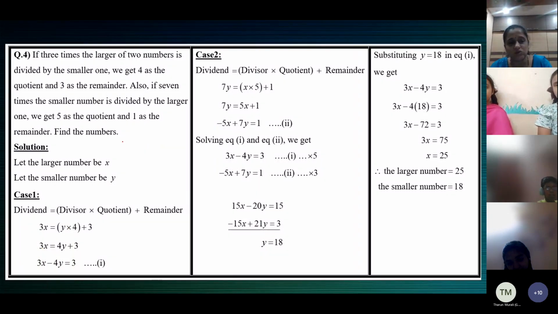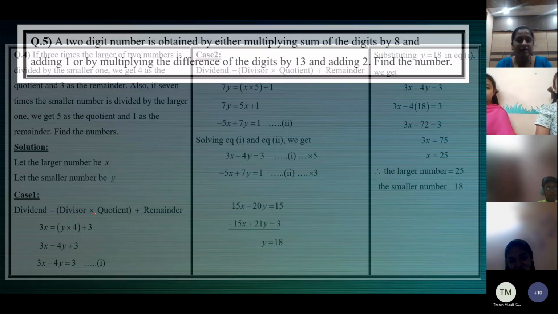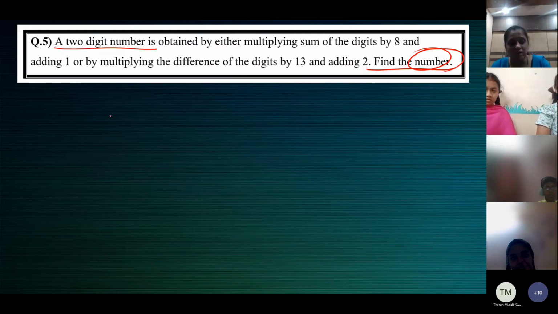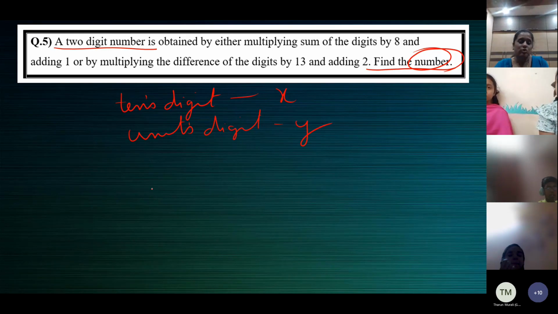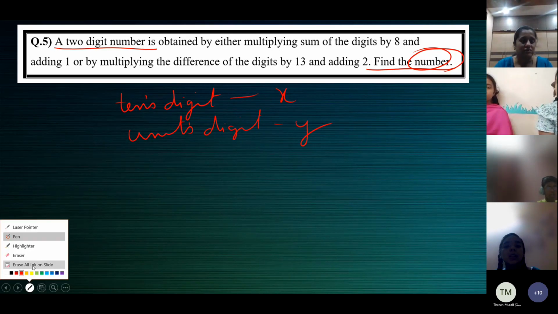When it's about two different numbers, you can say let the larger number be x, let the smaller number be y. But when it's about one number, you cannot say let the tens digit be greater and let that be x, let the units digit be the smaller one and let that be y. You cannot say that. So you don't know which digit is greater.